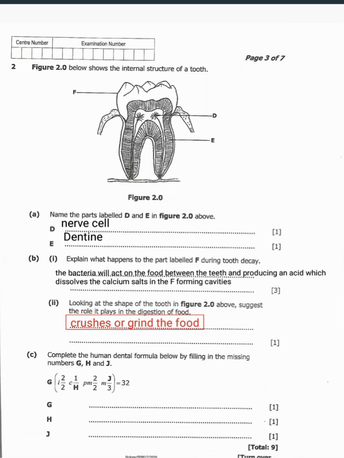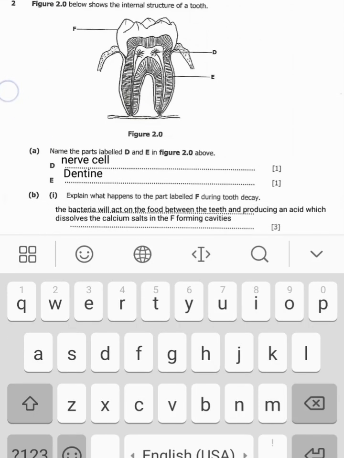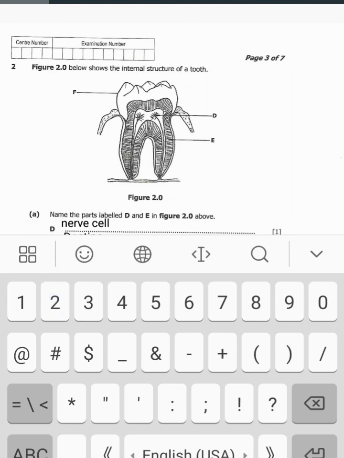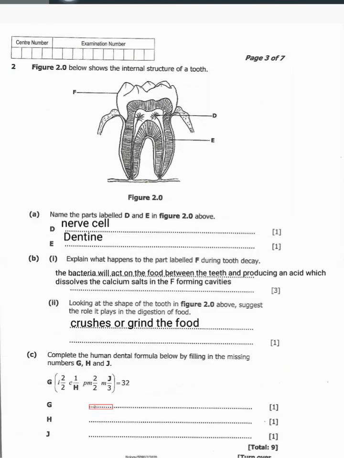Then the canines, we have 1 up and also 1 down. So where there is H there, we understand there should be 1. Then the premolars, we have 2 up and 2 down. The molars we have 3 up and 3 down. That basically gives an idea. Afterwards we're going to have 32 of them in total. So the first one, which is the G, we're going to have 2 there.